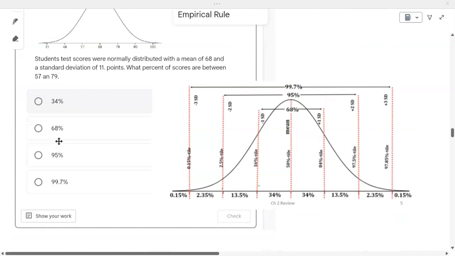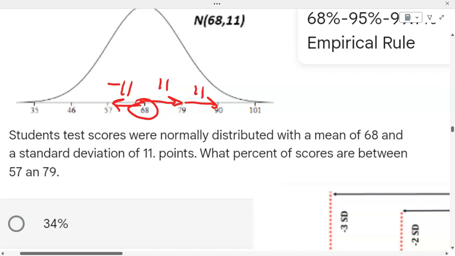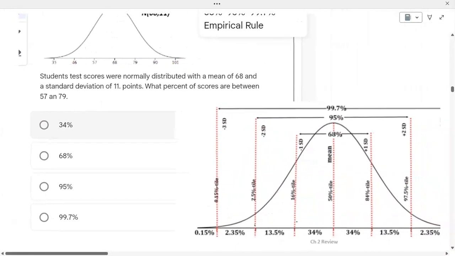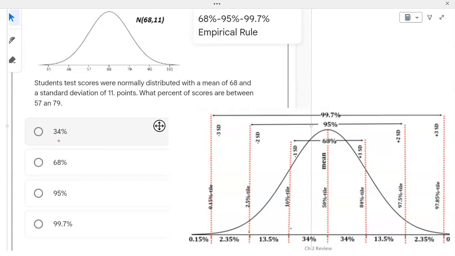Okay, question 9. All right, student scores were normally distributed with a mean of 68 and a standard deviation of 11. So you add 11, subtract 11, and you're going to get these other values here. Okay, now the question's asking what percent of scores are between 57 and 79, and your hint is use the empirical rule, which is right here.